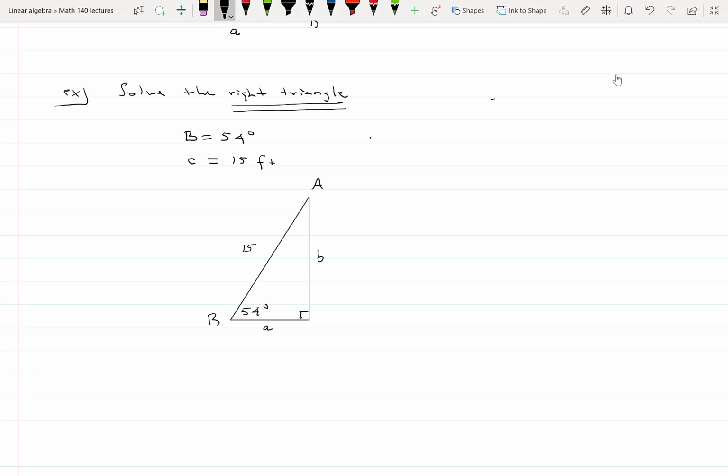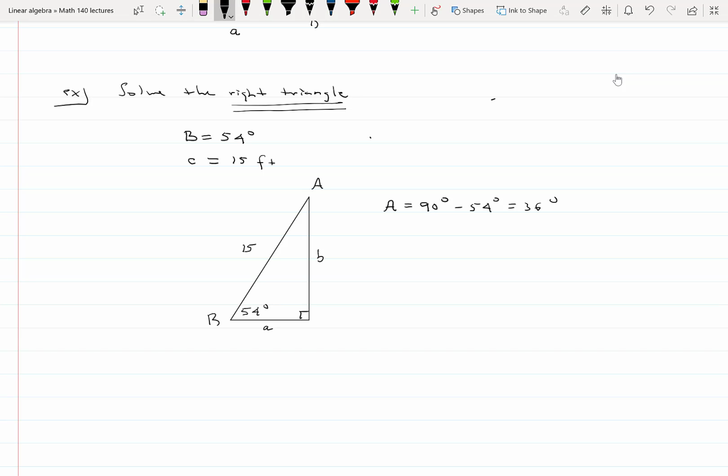So the angles capital A and capital B have to add up to 90. They have to be complementary to one another. So angle capital A has to equal 90 degrees minus 54 degrees, which is 36 degrees.